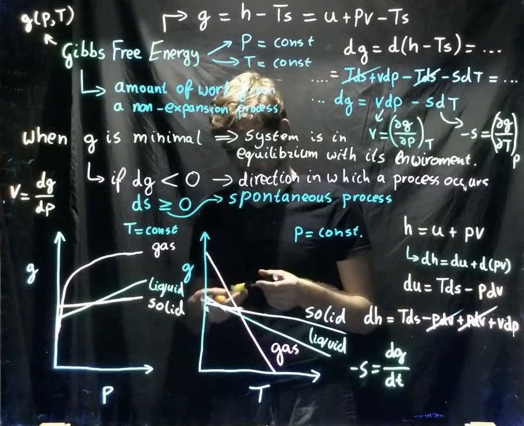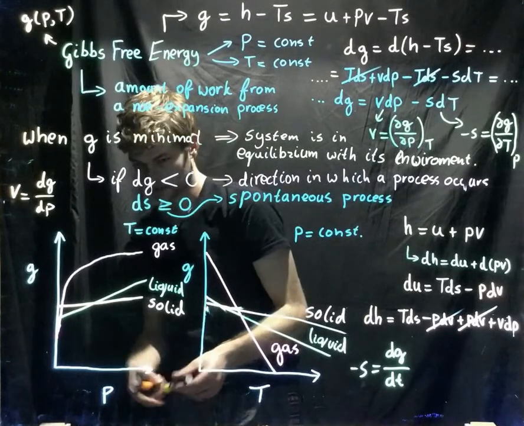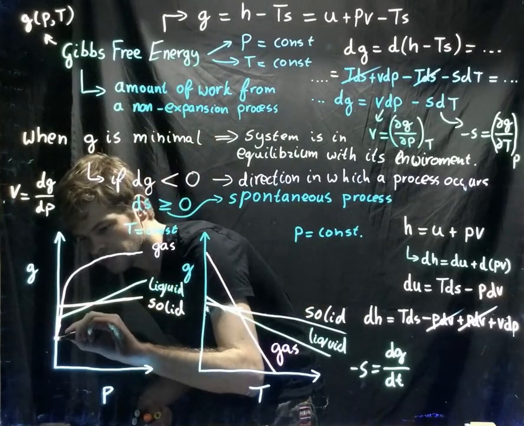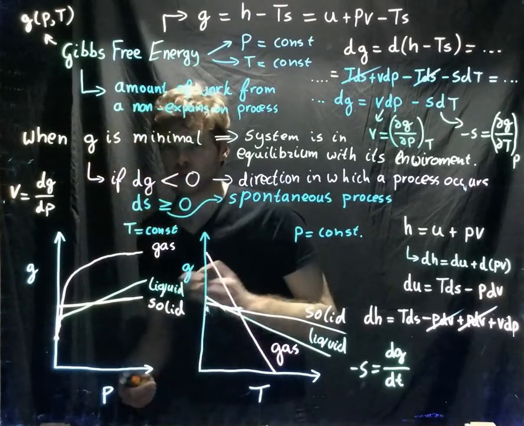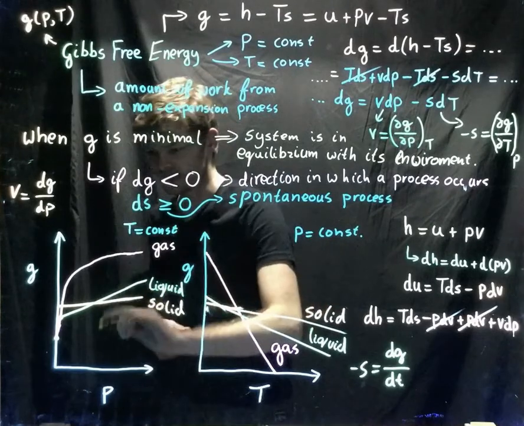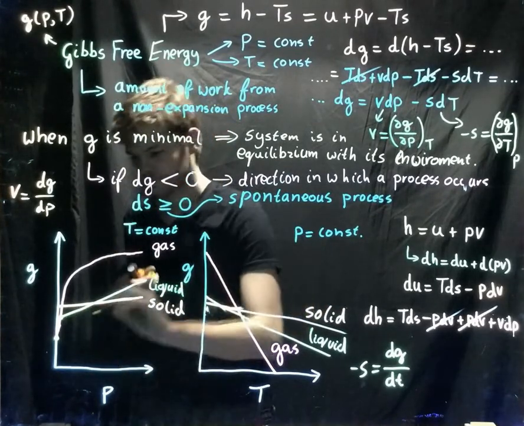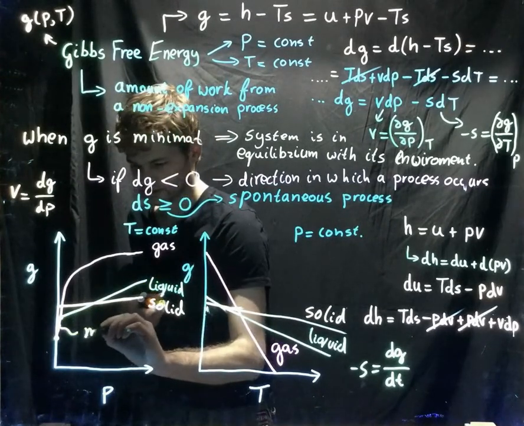So, let's have a look from here. In this region between here and here, we can see that the Gibbs free energy is minimal for a gas. So from here to here, the Gibbs free energy is minimal.